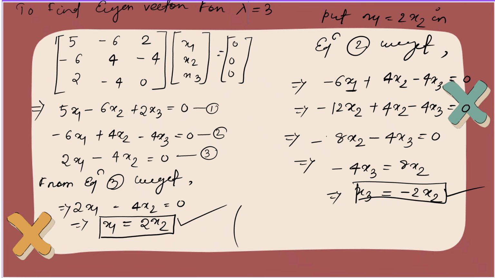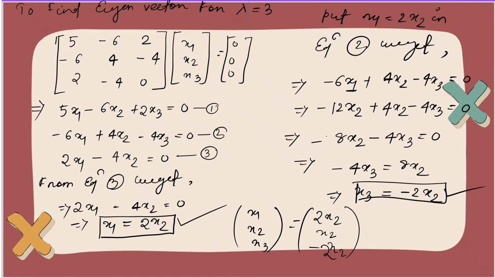Now the eigenvector is x1, x2, x3. Simply you put the x1 value, which is 2x2. Then x2 is written as it is, and the x3 value is minus 2x2.